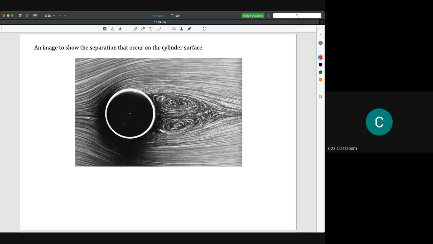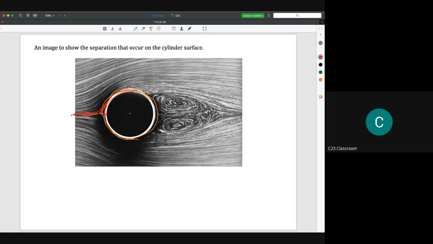Let's say we have a cylinder here, and the flow will flow up here. I changed the color to red. It flows around the cylinder here, and as we learned in ideal flow, we learned how to draw the streamline for the flow around a cylinder.